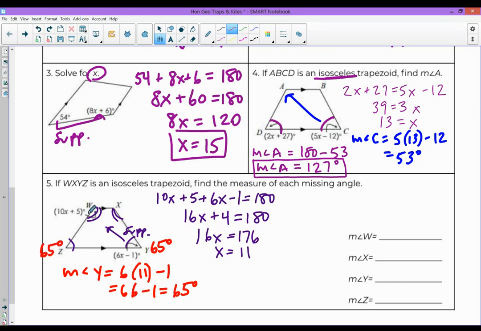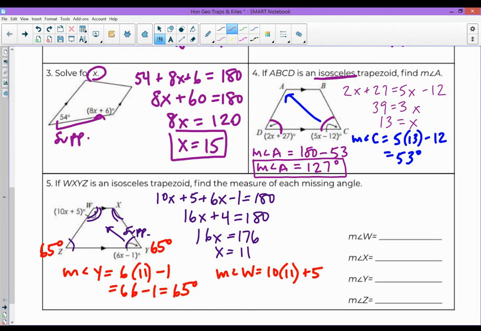I can find the value of W in two ways. I can either substitute that in, or I can subtract from 180. So I'll just substitute in. That's 10 times 11 plus 5.